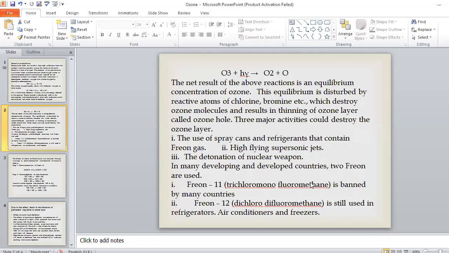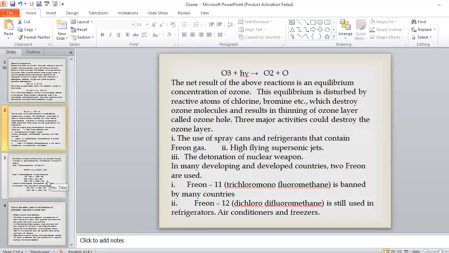So we have to avoid these freons, freon 11 and freon 12. Freon 11 and freon 12 are harm-causing gases that we use in our day-to-day life.